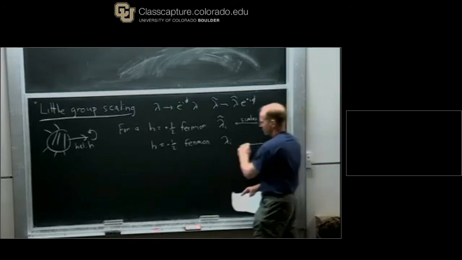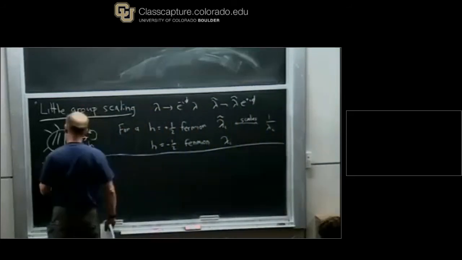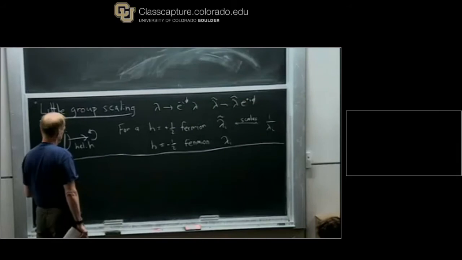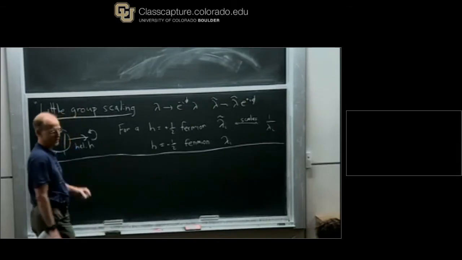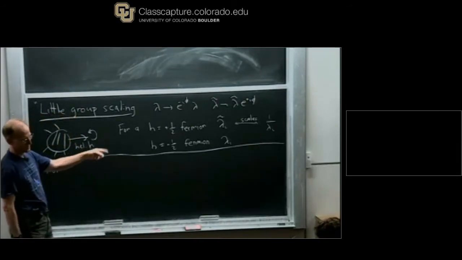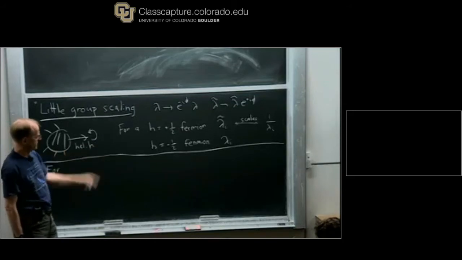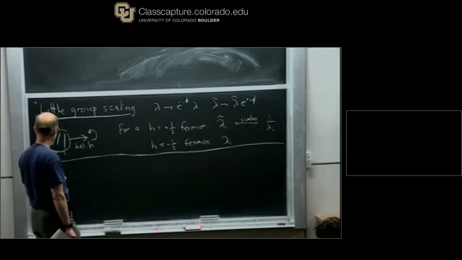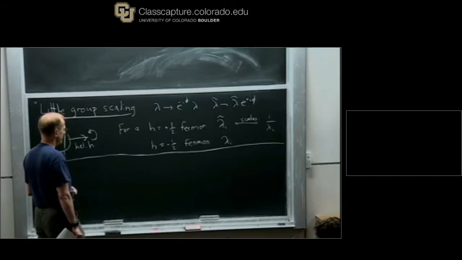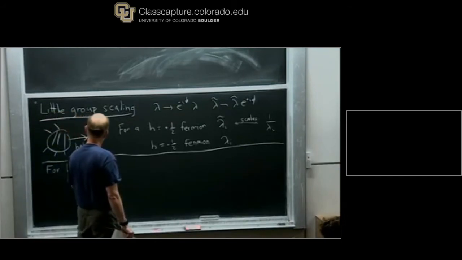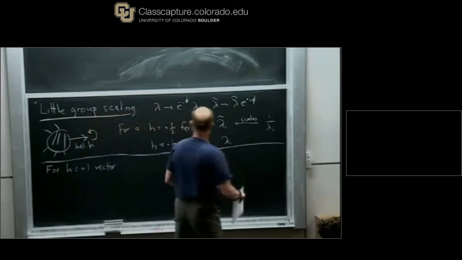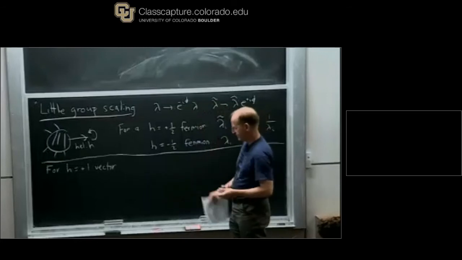And the scaling should be twice as big for a spin 1 particle, which has helicity plus 1, as for the fermion case. And so the wave functions for a helicity plus 1 vector state should have twice this scaling.